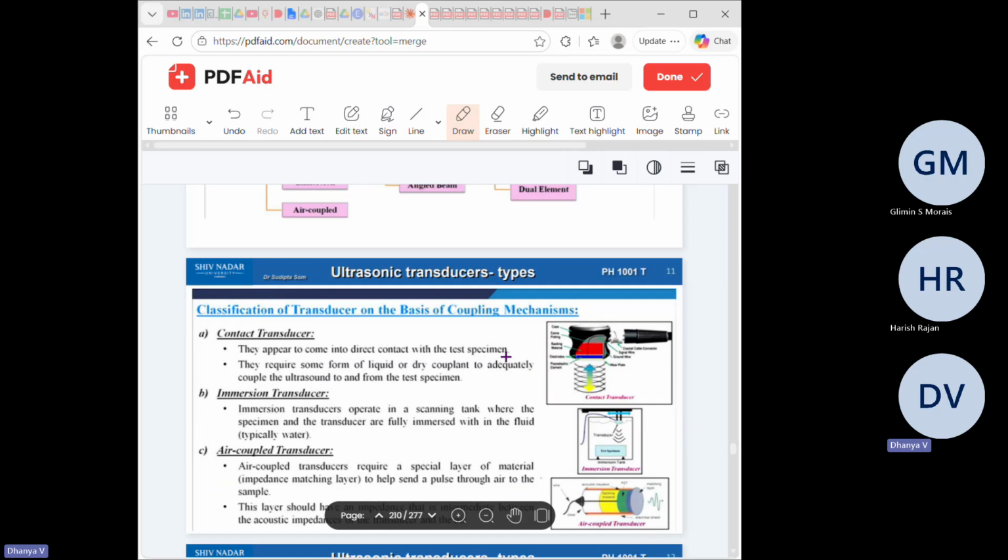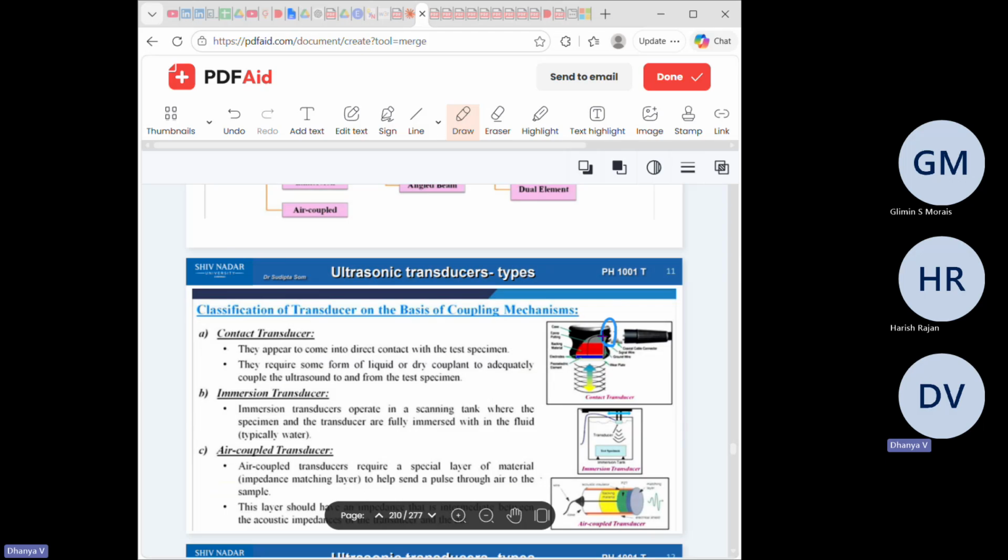If you need to keep in contact, let's say this is your ultrasonic transducer, keep in contact with some other material, that means their reference frequency should match at that level. No? So the frequency between your transducer and your testing material should match.